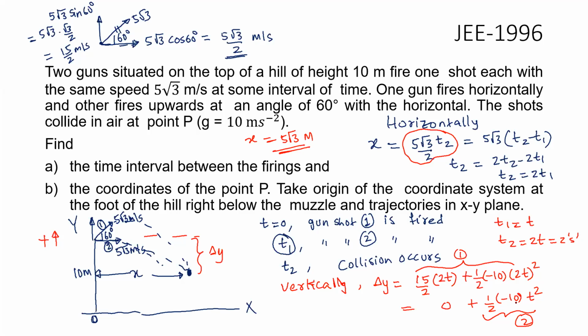Then I can use this to get the y coordinate. Okay, so guys, are you able to see? So the delta y will be minus 5. So that means from the ground up, that is 5 meters. So the coordinates will be 5 root 3 and 5 meters.